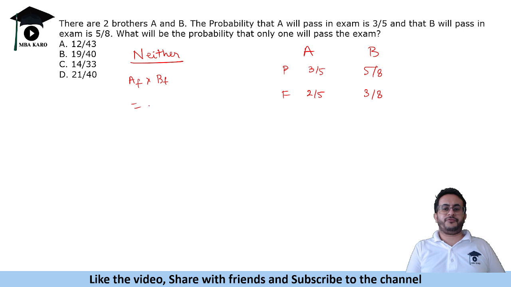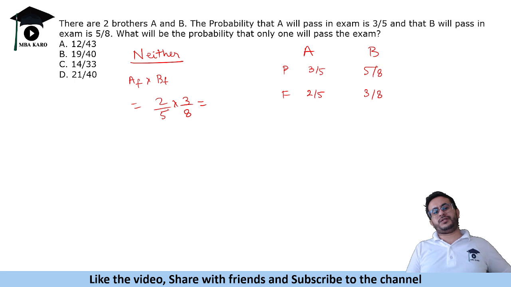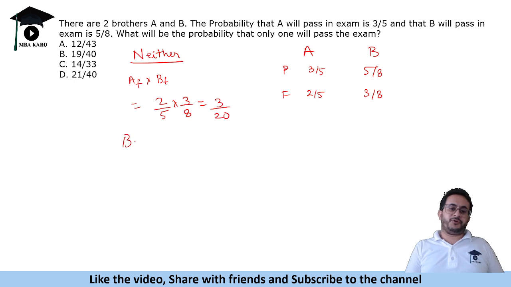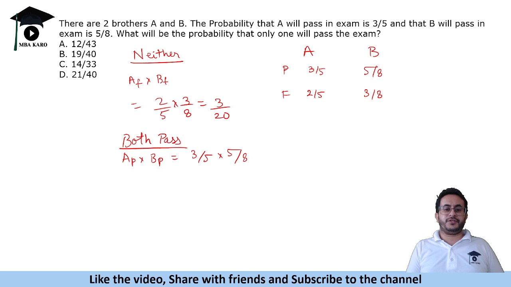The probability will be found by multiplying, so 2 by 5 into 3 by 8, which is 6 by 40 or 3 by 20. Okay, if you have to find both pass, so both passing is A pass into B pass, that is equal to 3 by 5 into 5 by 8, where 5 gets cancelled, that is 3 by 8, right?